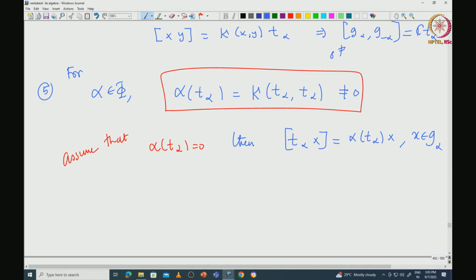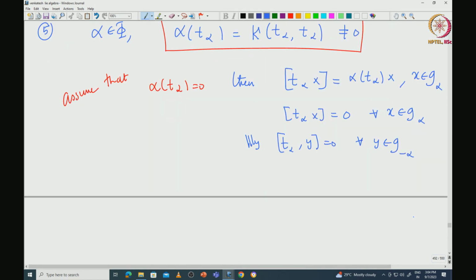Since alpha of t alpha is 0, that implies t alpha x must be 0, and this is true for all x in g alpha. Similarly we can prove that t alpha bracket with y must be 0 for all y in g minus alpha, because the bracket t alpha y is minus alpha of t alpha times y, but alpha of t alpha is 0. So t alpha comma y is 0.